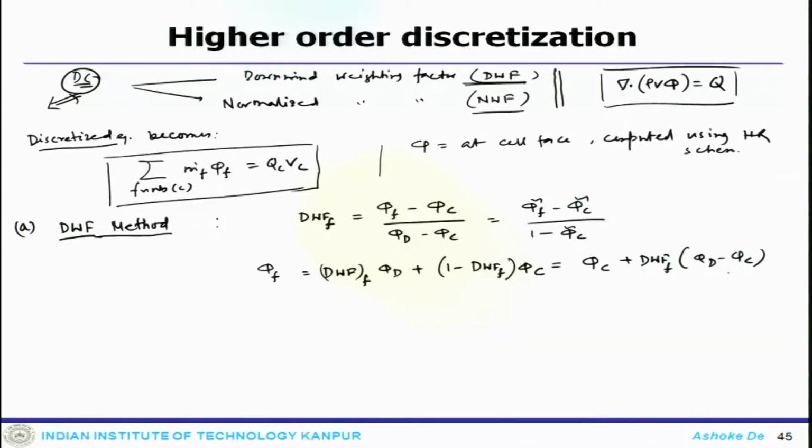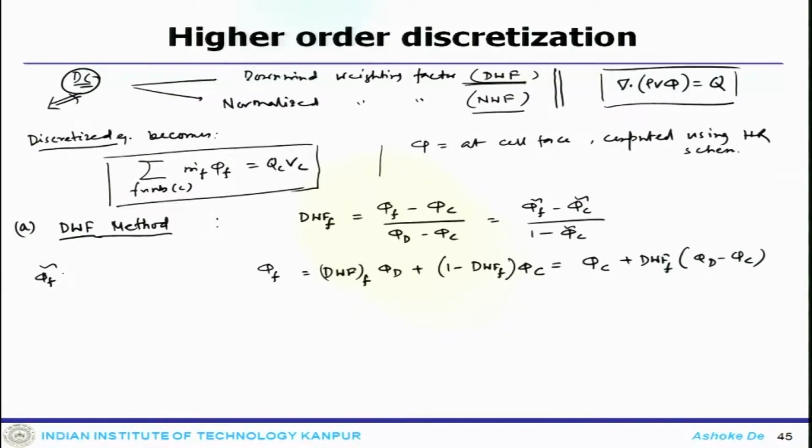This redistributes the HR scheme estimate of phi f, or the normalized value phi f tilde, between upwind and downwind nodes. So, the effect is a reduced stencil for the discretized coefficients.